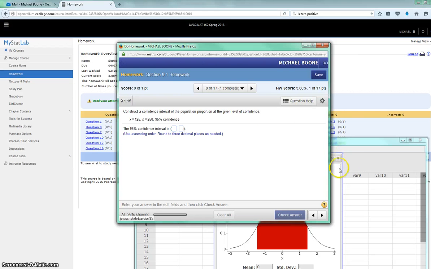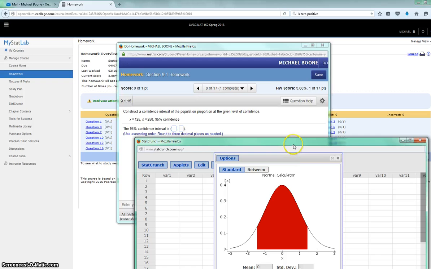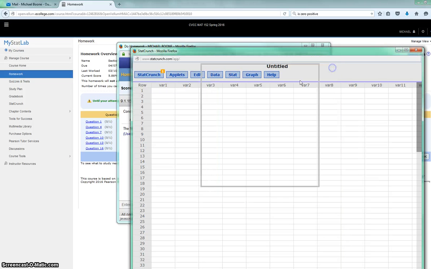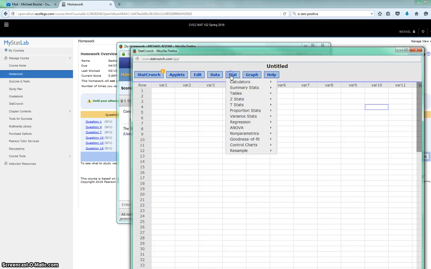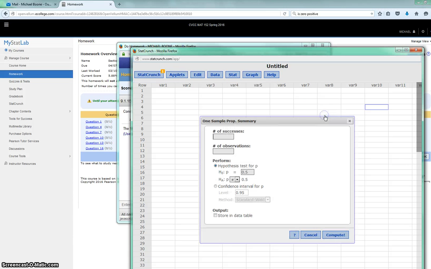So let's go to our StatCrunch. We know x is 125, n is 250, and it's a 95% confidence. Since I'm dealing with population proportion, we're going to go to proportion stats, one sample with the summary of the data.